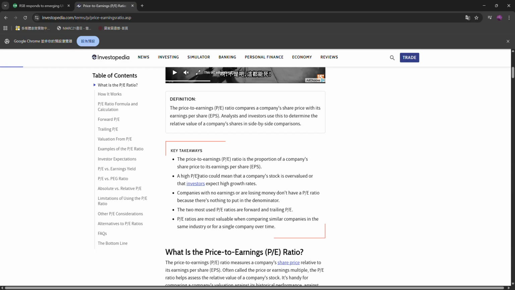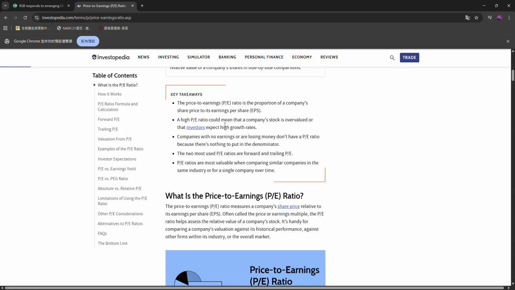Key takeaways. The price to earnings ratio is the proportion of a company's share price to its earnings per share. A high PE ratio could mean that a company's stock is overvalued, or that investors expect high growth rates.